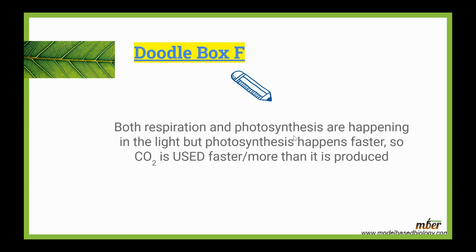Both are happening in the light, but photosynthesis happens faster. So the CO2 is used faster than it can be produced. What that means is, yes, the plants produce CO2, but they also use it, as well as pull extra CO2 from the air to fuel their photosynthesis.